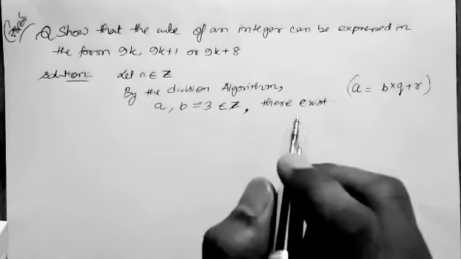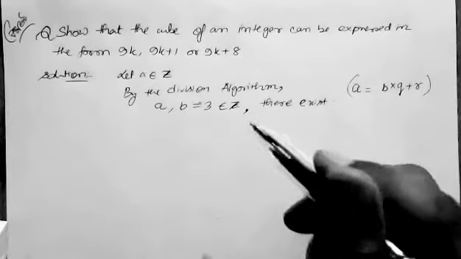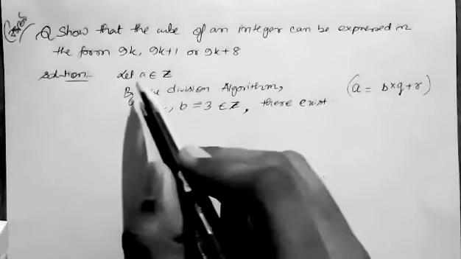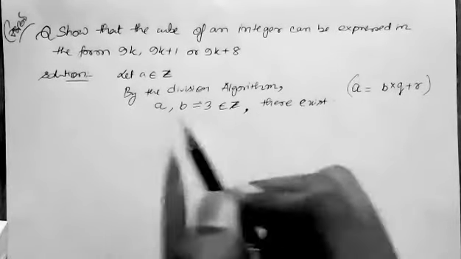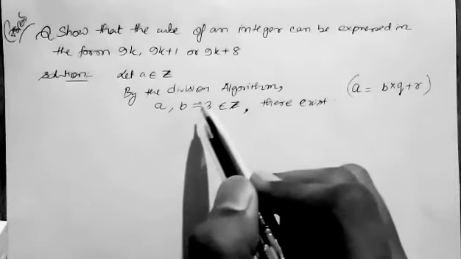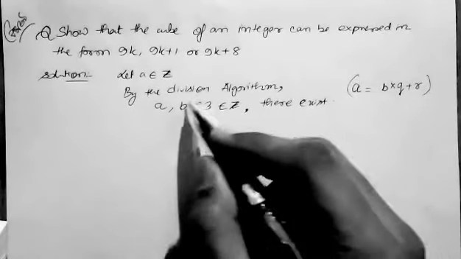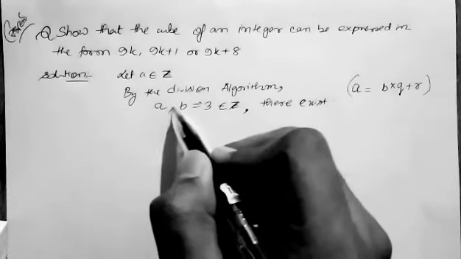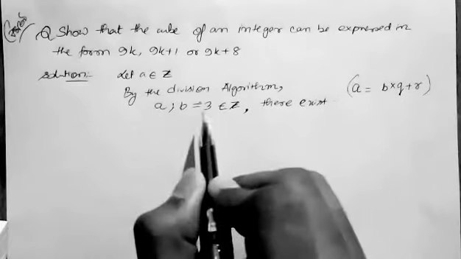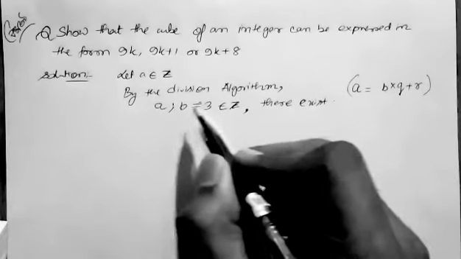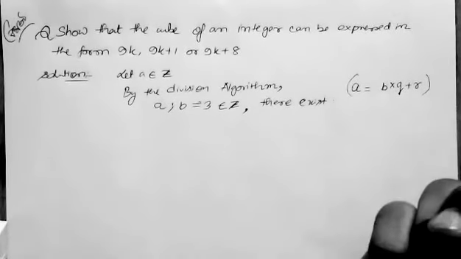So by first considering a to be an integer, and then by the division algorithm, we considered that a and b both belong to the integers, and we considered the value of b to be 3. Look, we have not considered the value of a to be 3. It is b equal to 3. We have only considered the value of b to be 3, and both a and b belong to the integers.